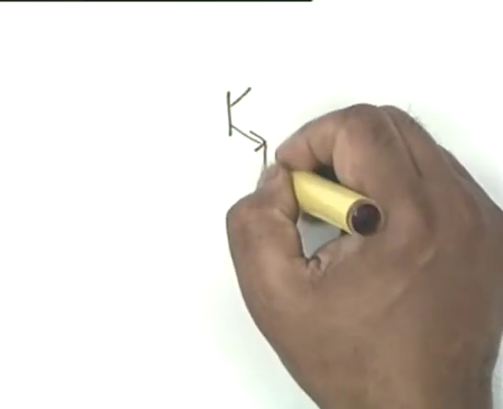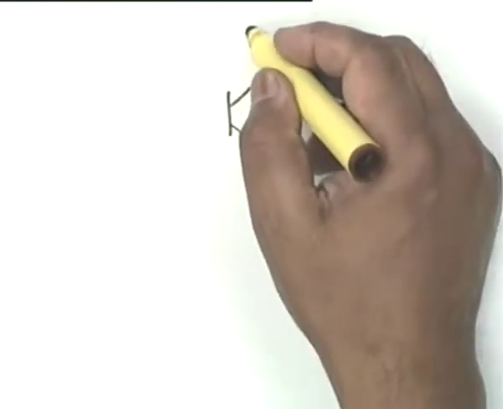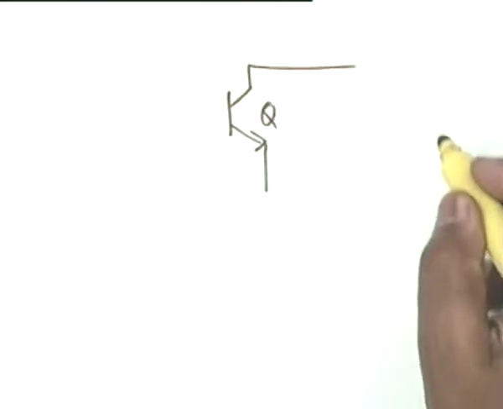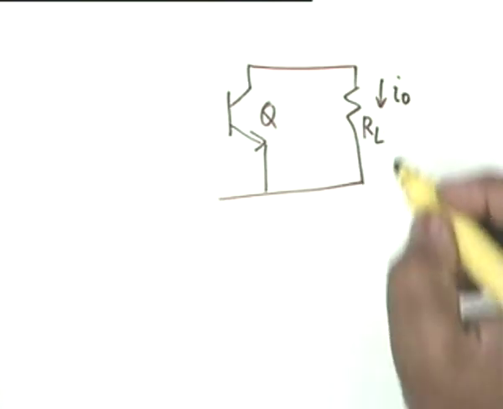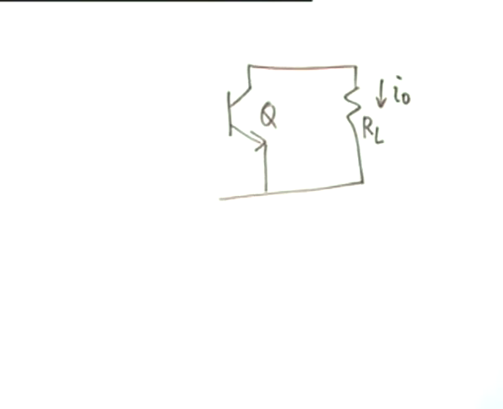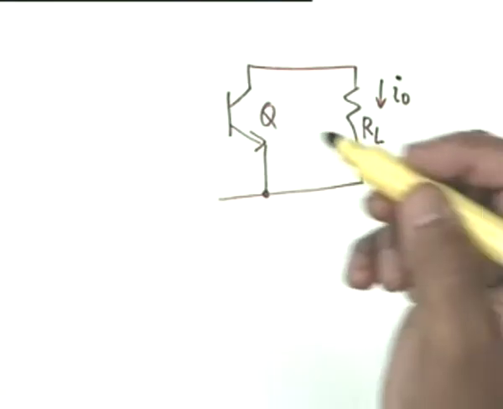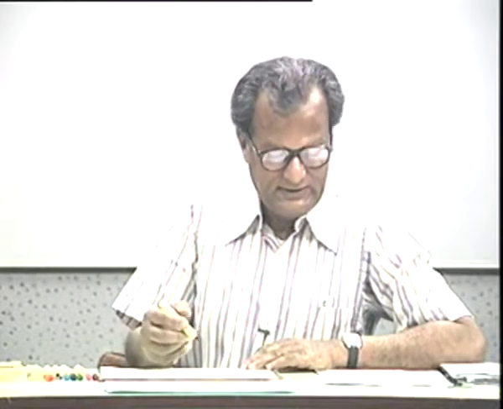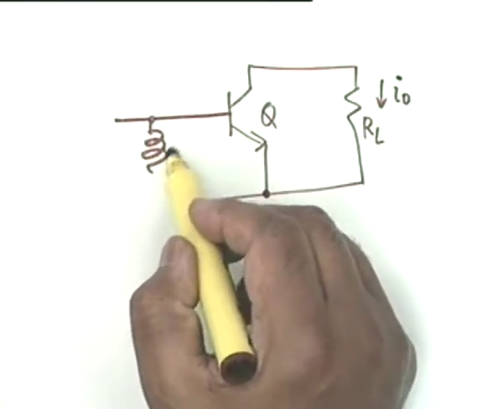Now let us first look at the use of inductance, and a very simple circuit that can be used for this purpose. I will not show any biasing in these discussions. One of the very simple circuits which has been popular in the early stages of transistor circuit design, and it is based on a similarity with valve circuit design, is that you use a transistor in which in the base you connect an inductor.